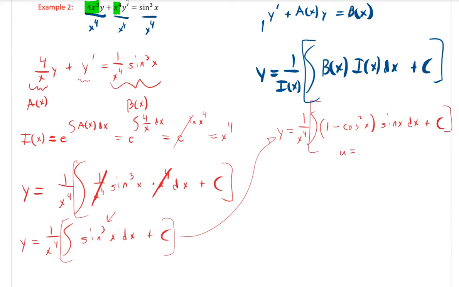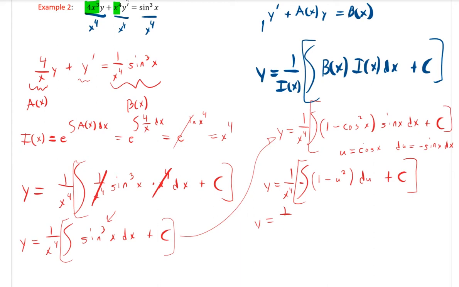If I set u as sine of x, or actually cosine of x rather in this case, I get du is negative sine x dx. And so y is 1 over x to the fourth times negative the integral of 1 minus u squared du plus c.